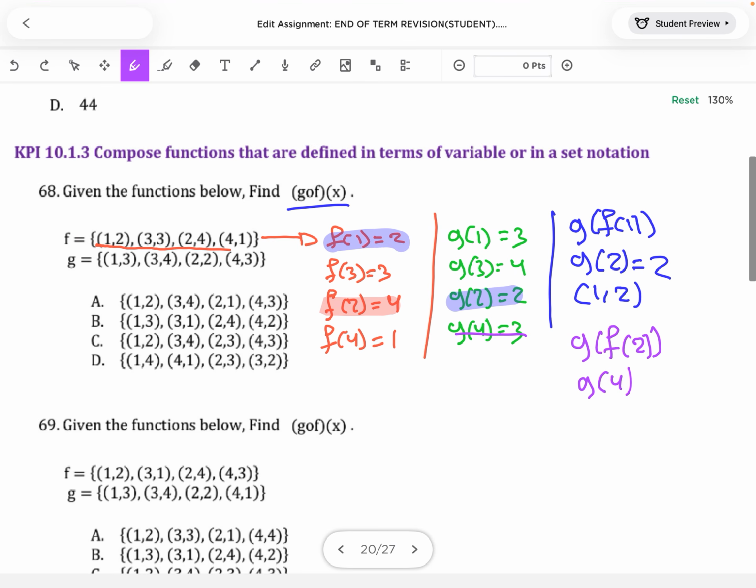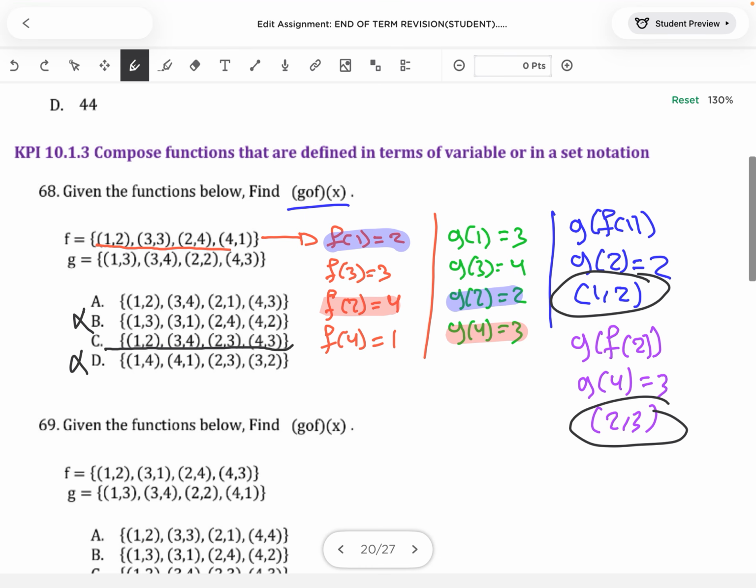What is the value of g of 4? 3. So when I replace 2, the answer is 3. So I have to look at these 2 points. Where can I find them? 1, 2 means this one is not correct, this one is not correct, and 2, 3. So this is the correct answer. Okay.